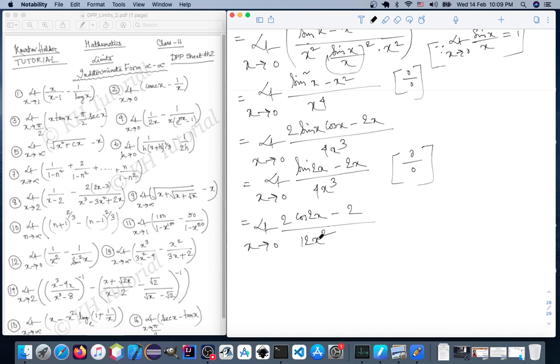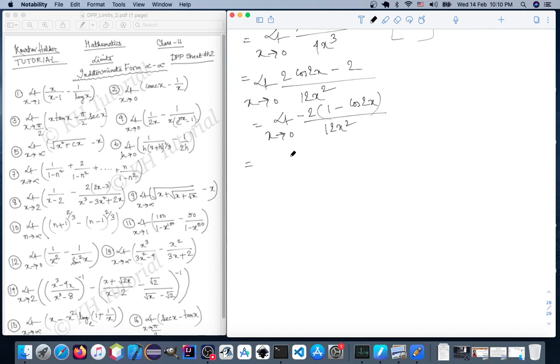We can write this as limit x tends to 0. We can take minus 2 common and 1 minus cos 2x divided by 12x square.